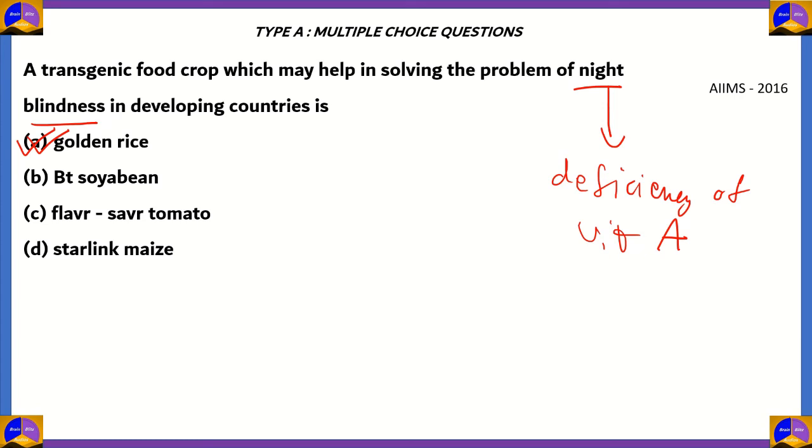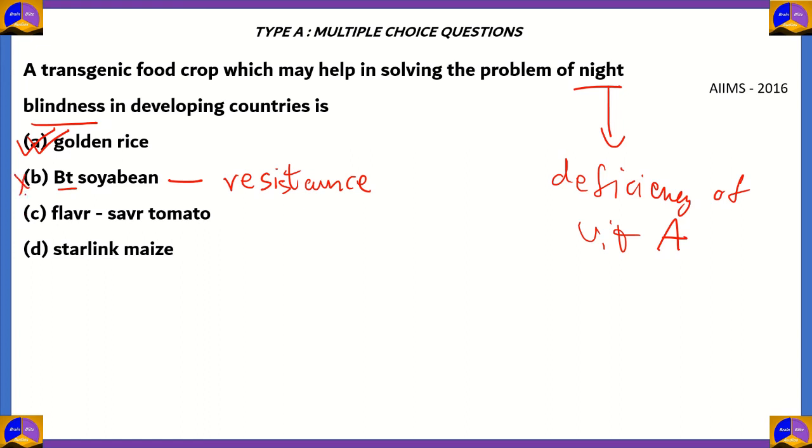If you look at the other options, first option B says BT soybean. So BT soya, it is having insect resistance and not high vitamin A content, because BT stands for Bacillus thuringiensis. So that protein, so the cry protein is present in BT soybean, so that gives you resistance against pests.